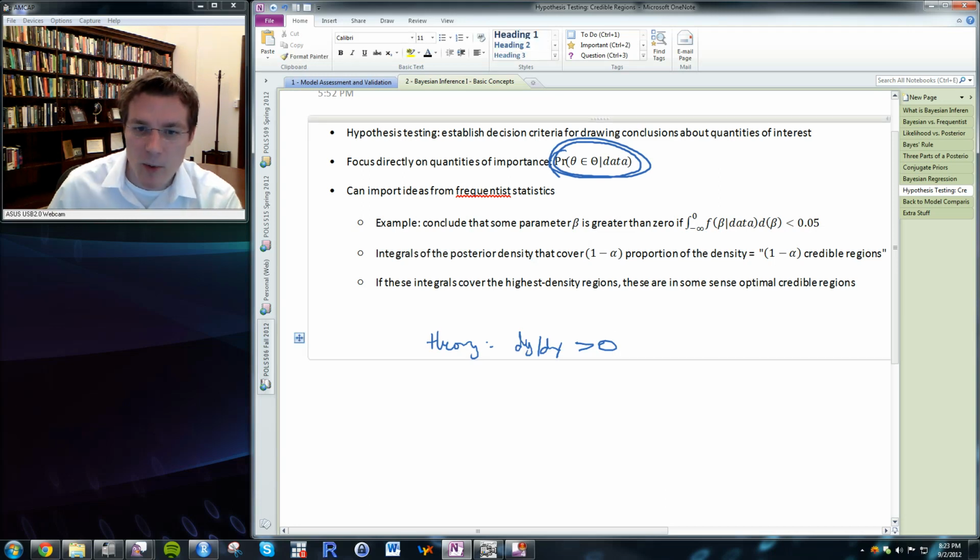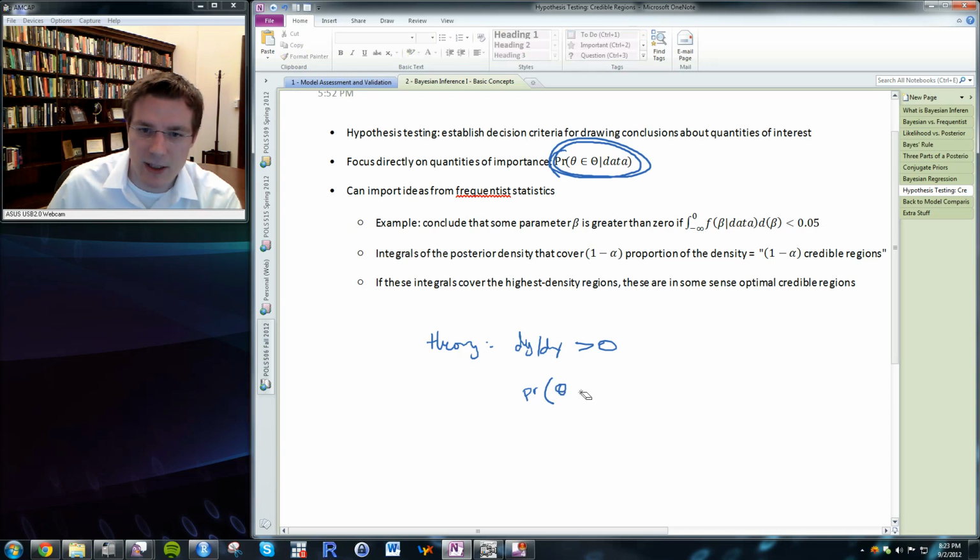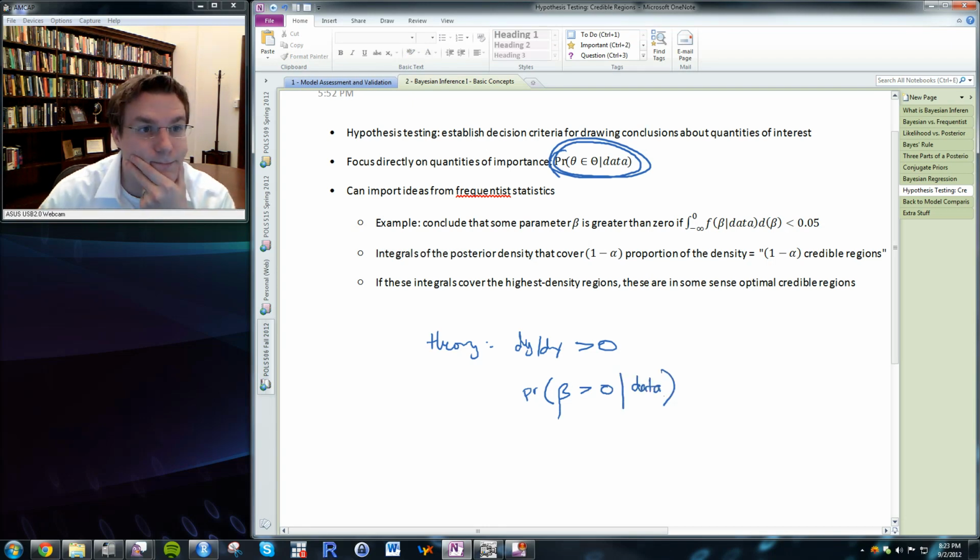So what we might assess in a Bayesian analysis is, what's the probability that some measure of the slope, like a beta coefficient in a regression, we'll say beta here to keep the notation consistent, is greater than 0 given the data that we've observed? This is a posterior. What's my posterior belief that the slope is positive given the data?